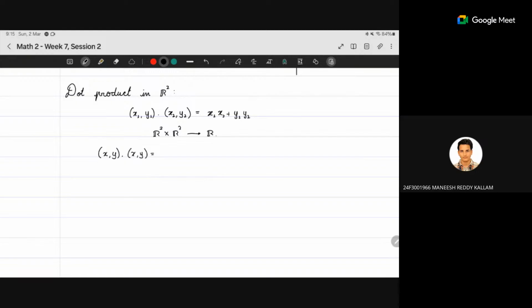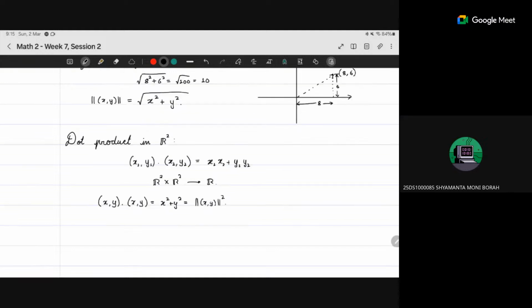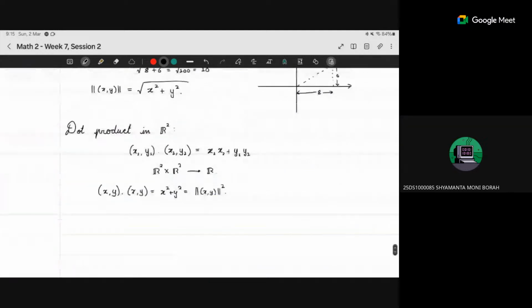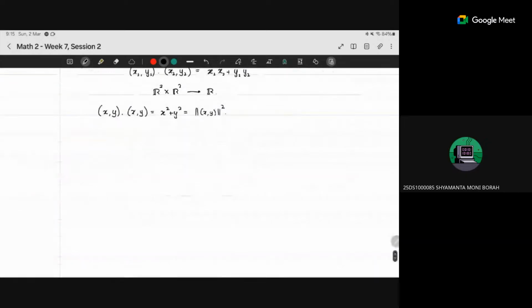What is it that you get? x squared plus y squared. And what is that? The length squared. So length and dot product are, of course, related to each other. And the next thing is about angle in R2.